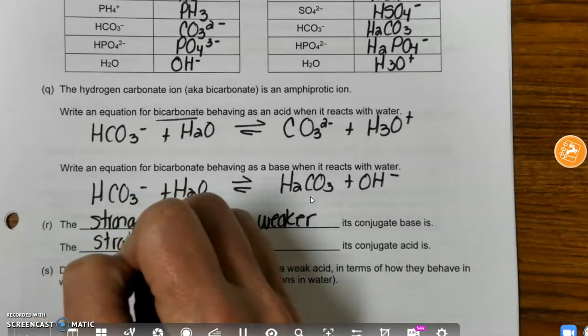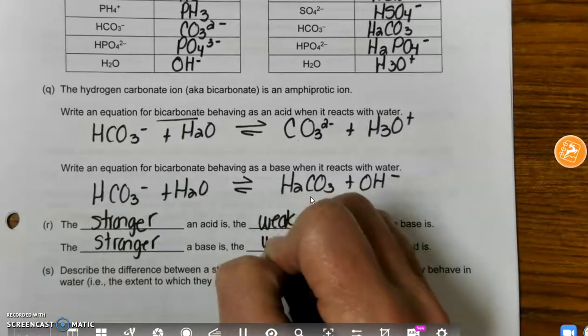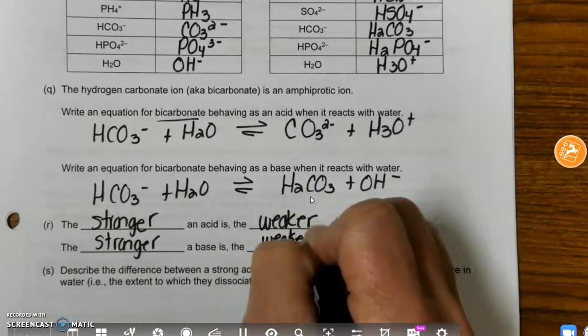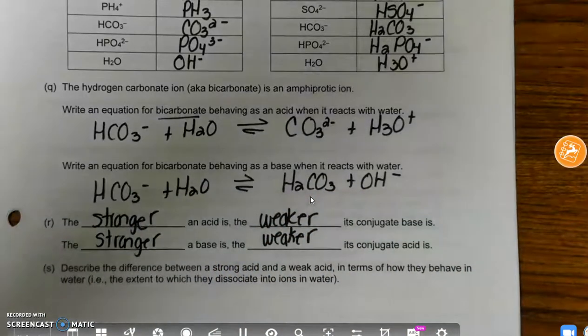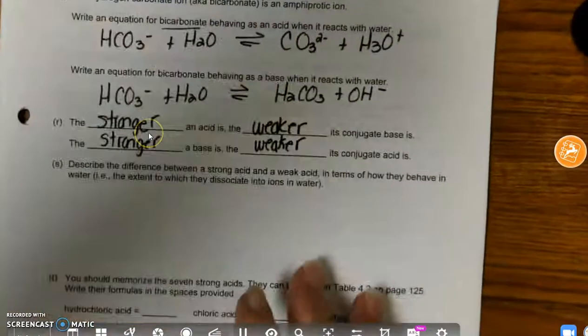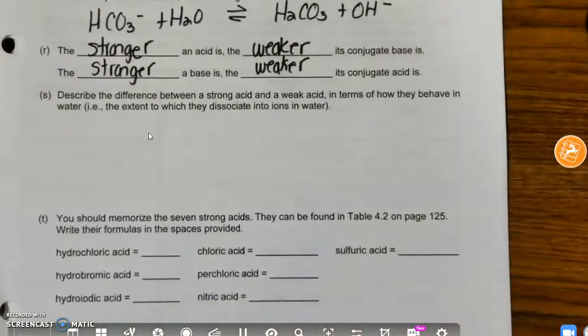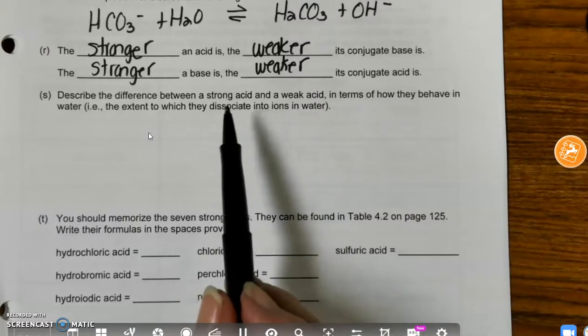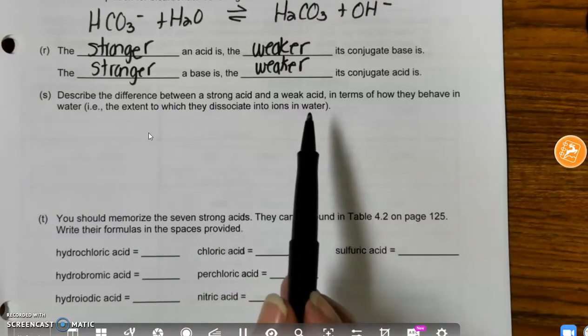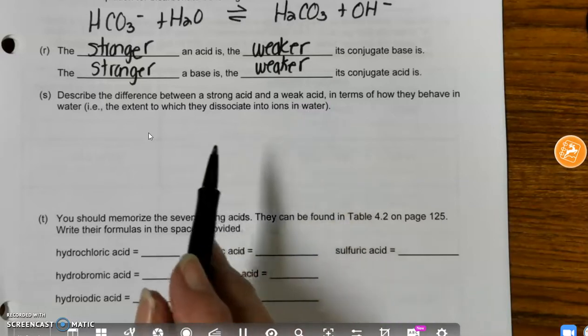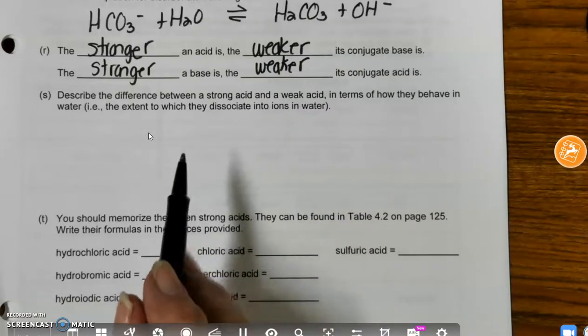Okay? The stronger the base is, the weaker the conjugate acid. Now, remember that when we started, back in chapter 4, I think, we talked about strong acids and weak acids. So we're going to define that now.